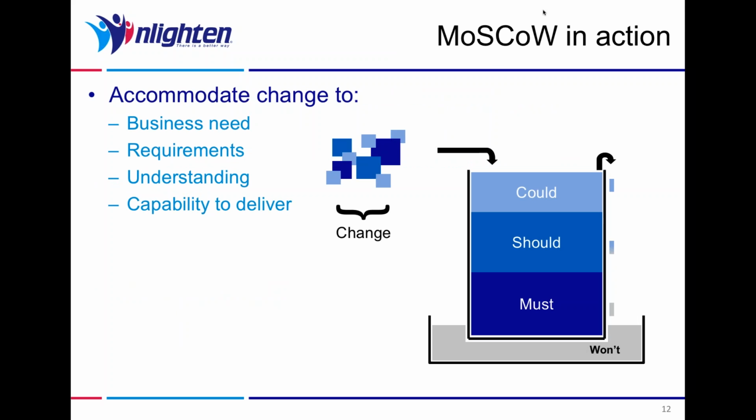So effectively, whatever the change is, whether it's a change to the business need, a change to requirements, a change to understanding of requirements, a change to our capability to deliver the solution that we're working on, wherever the change comes from, we need to accommodate it. And we accommodate it by understanding what the change is and dealing with it on that basis.